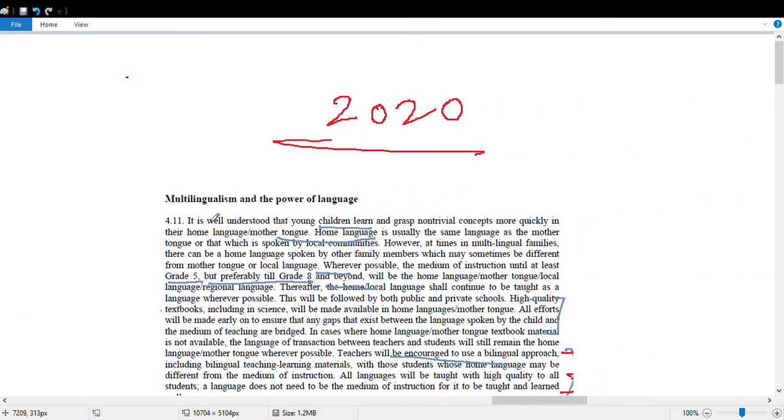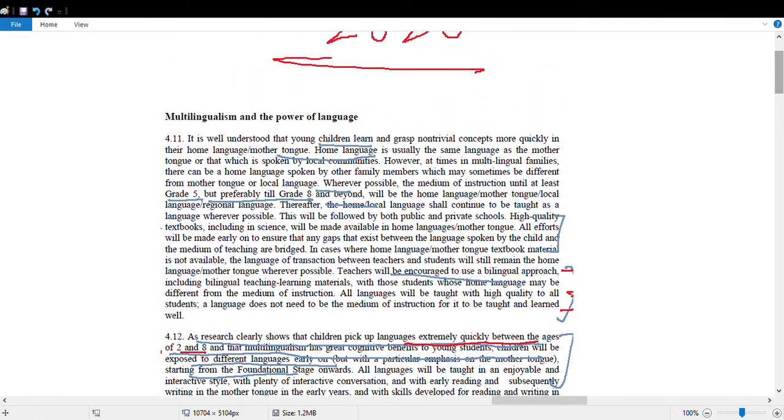Again, in 2020, if we look at the language policy, they have clearly said that it is better that the mother language should be introduced as a medium of instruction till class 5, preferably till class 8 and beyond.